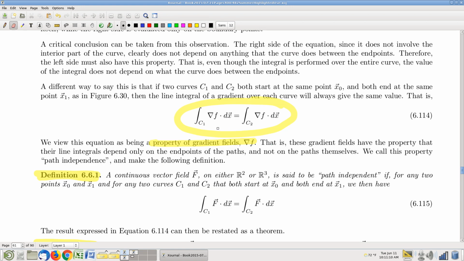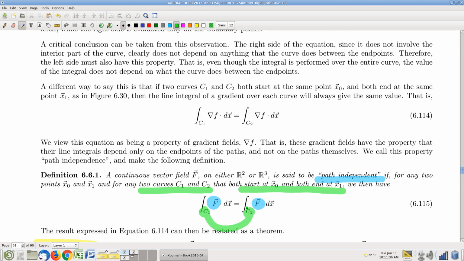And here we go. Path independence says, here let me color code a little bit better. This vector field is said to be path independent if, as long as the two curves have the same starting point and same ending point, you're going to get the same value for the line integrals.